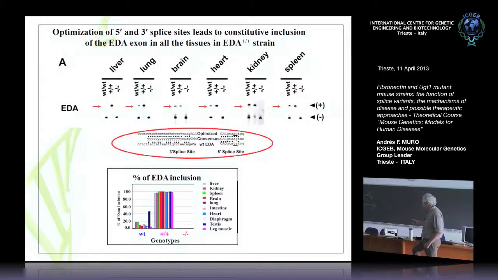This is the liver, for example, in which in the normal condition you have full skipping of the exon, and in the homozygous mutation with the optimization of the splicing site, we have full inclusion of the exon. The same happens in all the other tissues, regardless of the original rate of splicing. You can see very clearly that in all tissues analyzed, this is the result.